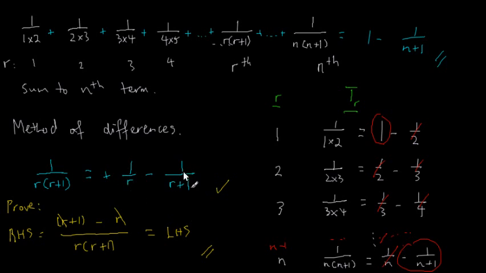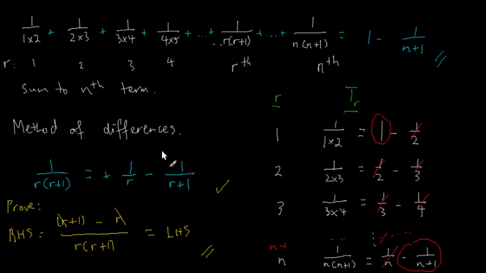So if you can express each term in this form, then it doesn't have to be 1 over r, it can be maybe 1 over r squared, or it can be something else, as long as the other term which you subtract looks exactly the same, except that the r is replaced by r plus 1.